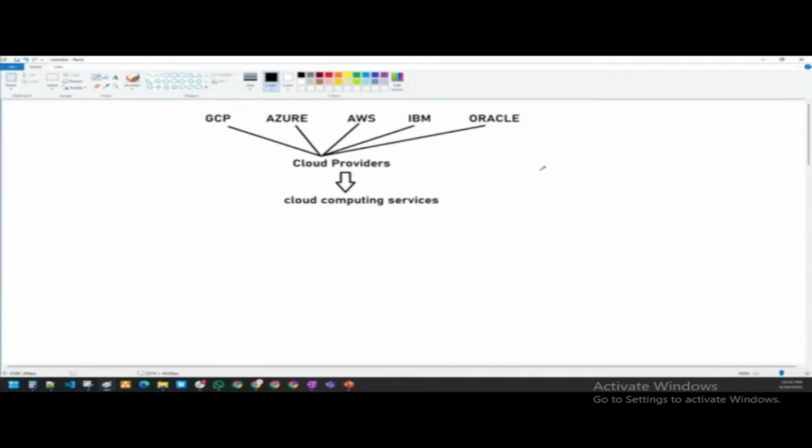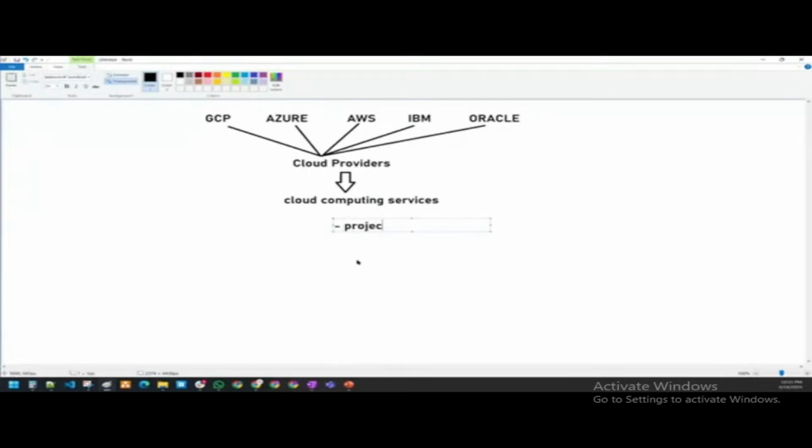The cloud providers provide you the cloud computing services, and these services are very useful for project fulfillment, for any project you take. If your project is about storing, processing, transforming, analyzing, or visualizing data, that is data engineering, you have dedicated services available.